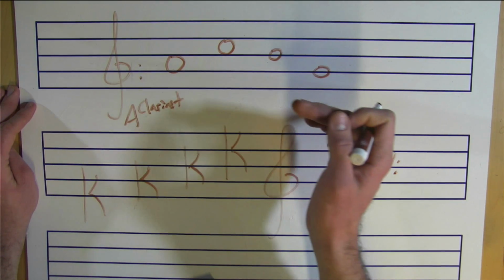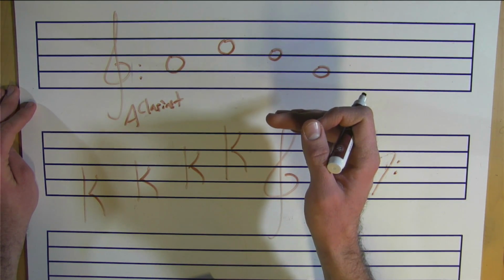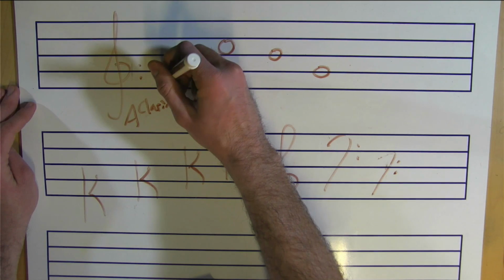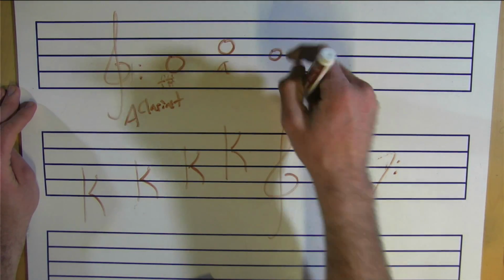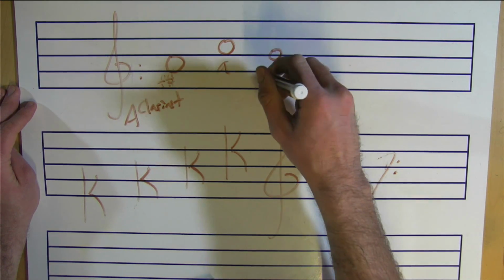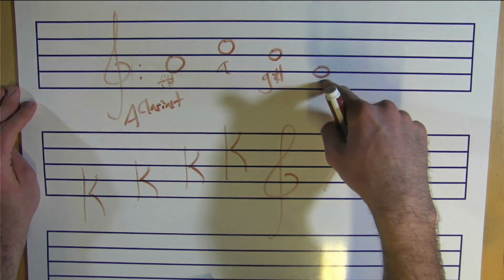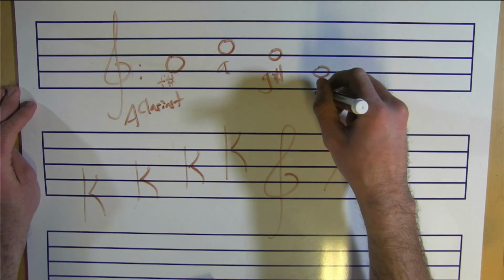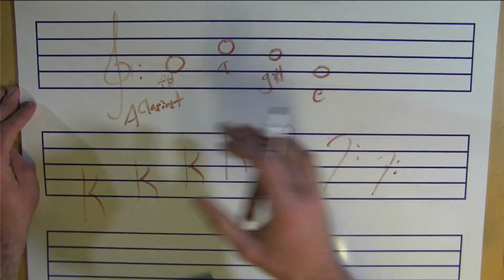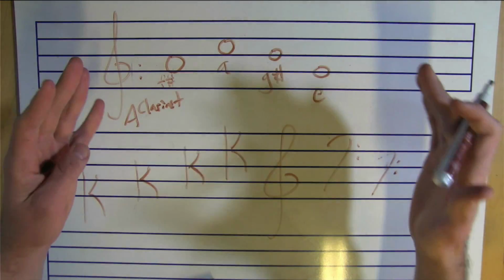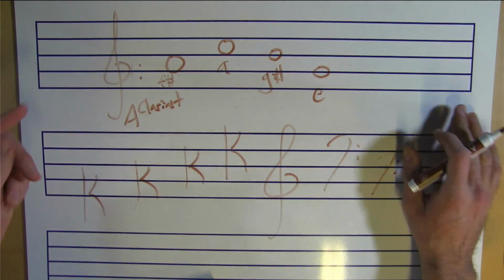So down a minor third from A, well, that's F sharp, okay? Down a minor third from C, that's A. Down a minor third from B, that's G sharp. Down a minor third from G, that's E, okay? So as you're going along, you have to do all that. That's just too slow. It's a lot faster to use a clef.